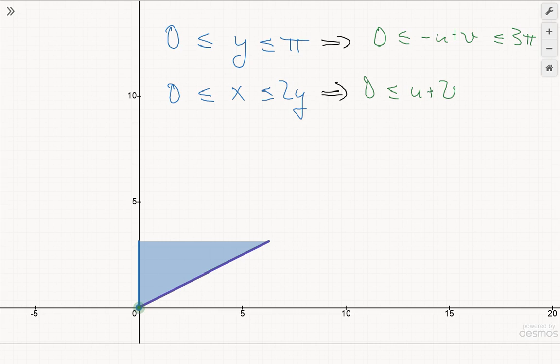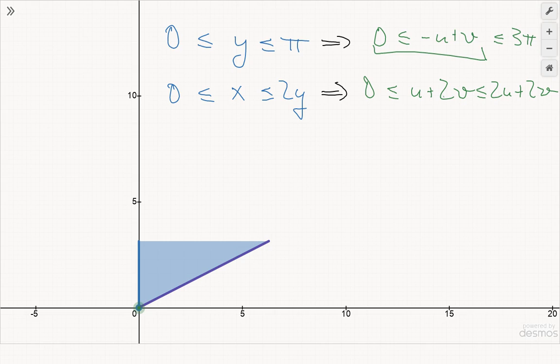And u plus 2v is less than or equal to negative 2u plus 2v. So again, let's split up. We have these 4 inequalities and we need to manipulate them a little bit.